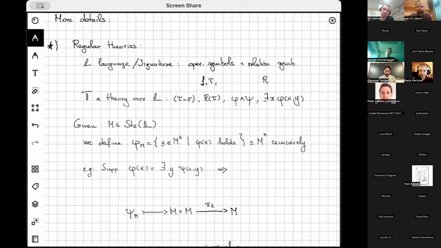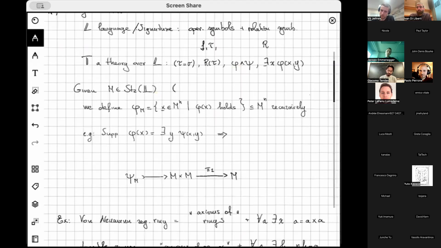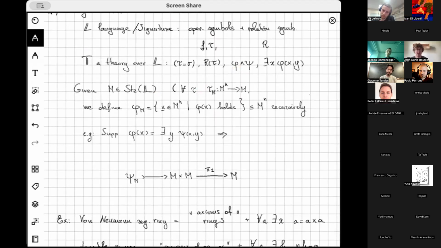Then once you have this, you have a structure: something that for each operation symbol comes equipped with a map, an interpretation like this. So it's a set M together with a map like this. And for every relation, you have a subobject of M to the n.